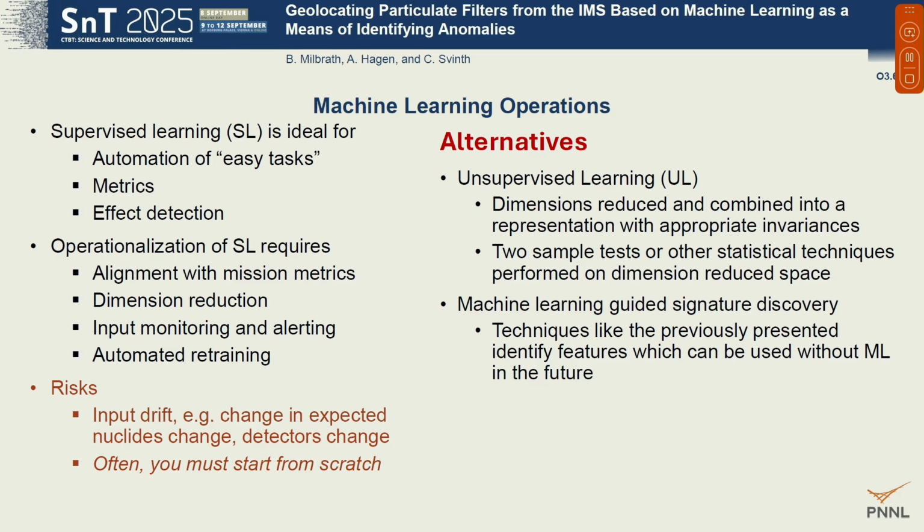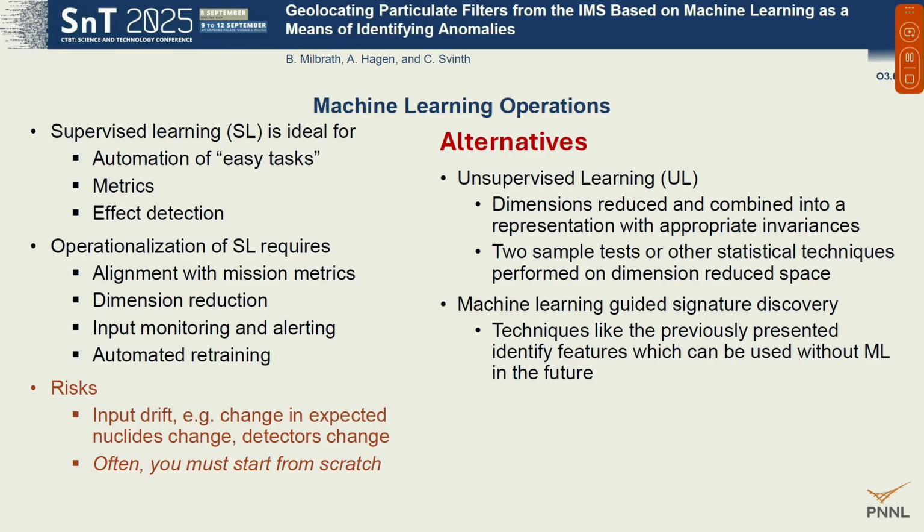And that's why when you put machine learning into operations, in most cases you wind up using what's called unsupervised learning. In unsupervised learning, you do the appropriate dimension reduction to handle those things that regularly change in your system.